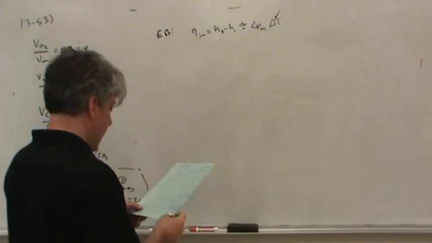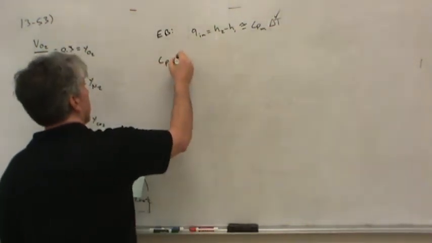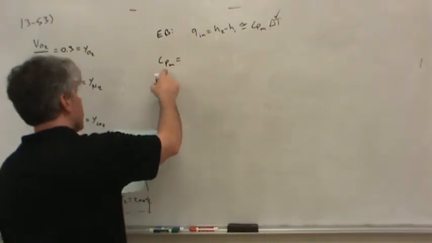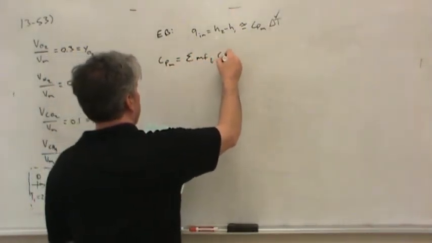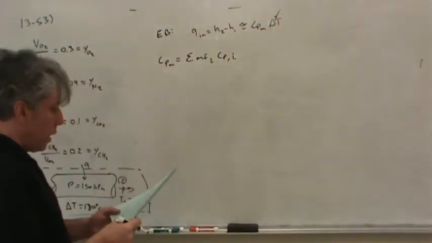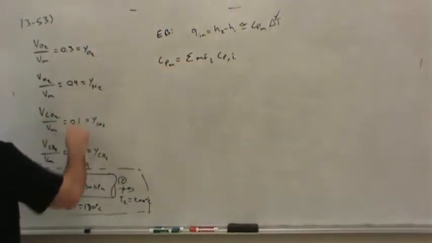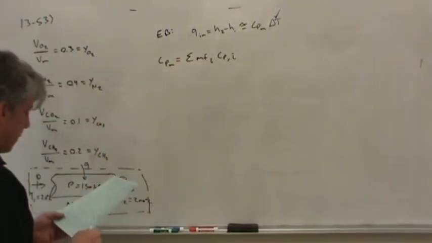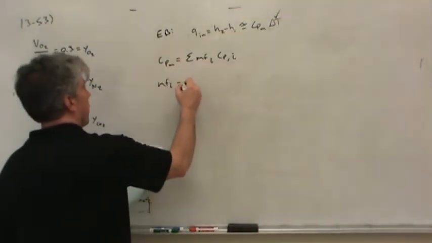Now, to get the heat capacity of the mixture, since it's a per unit mass quantity, I'm going to need to add all of the mass fractions multiplied by the heat capacities of all the different species. And unfortunately, I don't have the mass fractions, I have the mole fractions instead. There is a relationship, though, between mass fractions and mole fractions.